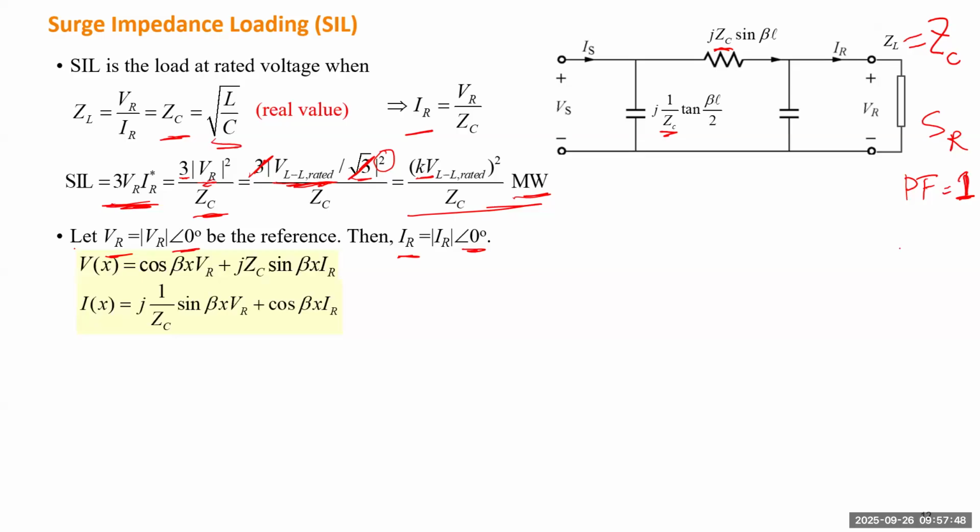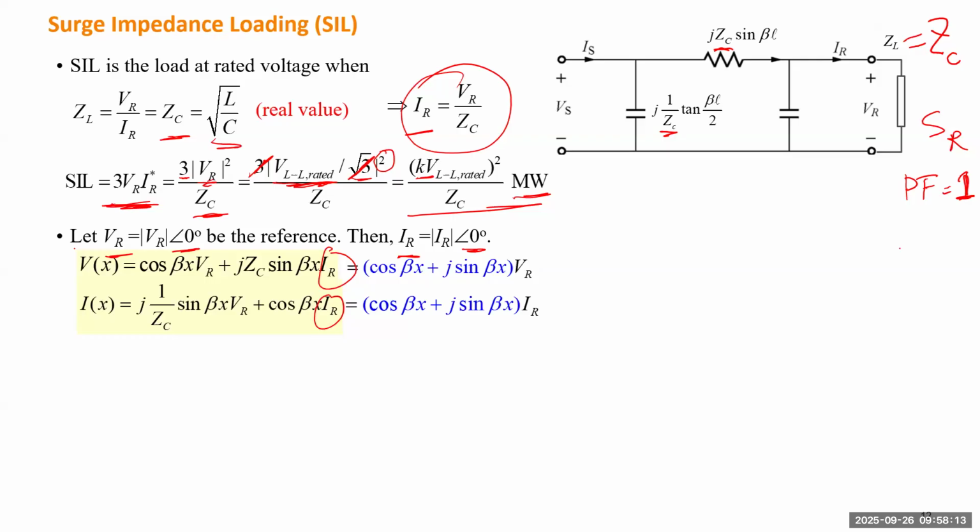Okay, so we go back to those 2 equations to calculate the voltage and current at any distance. We can plug in this equation to replace the current. So basically, we just replace IR by VR divided by ZC.